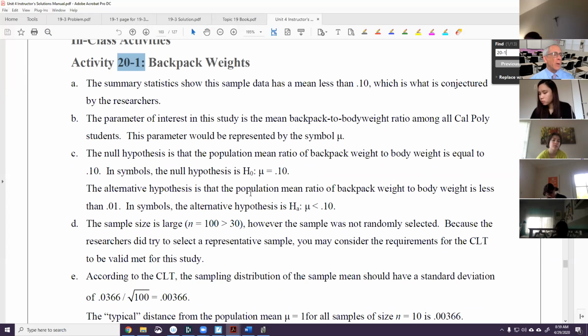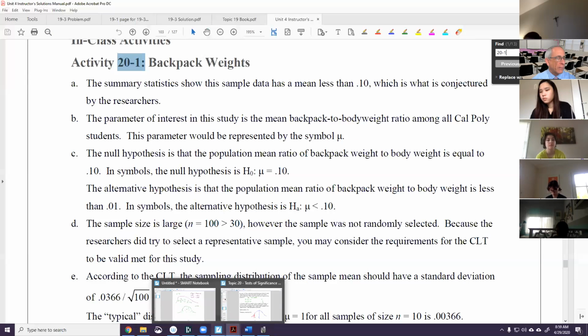So the alternative hypothesis is that the population mean ratio of backpack weight to body weight is less than, that should be 0.10, not 0.01. In symbols, the alternative hypothesis is mu is less than 0.10. So that is our hypothesis.